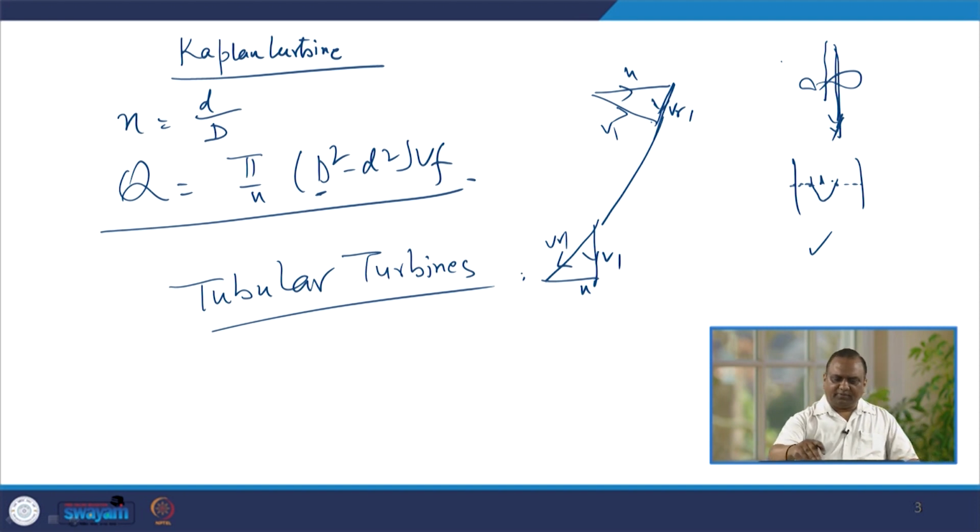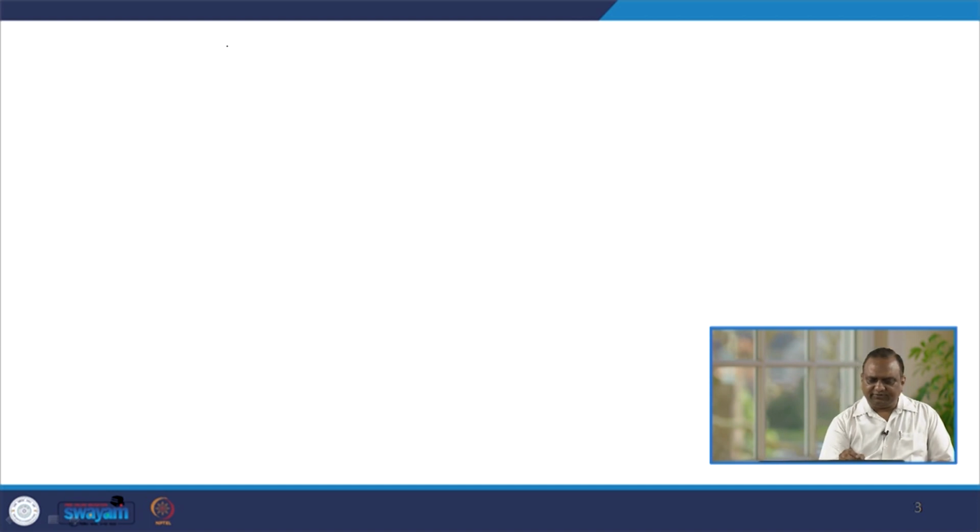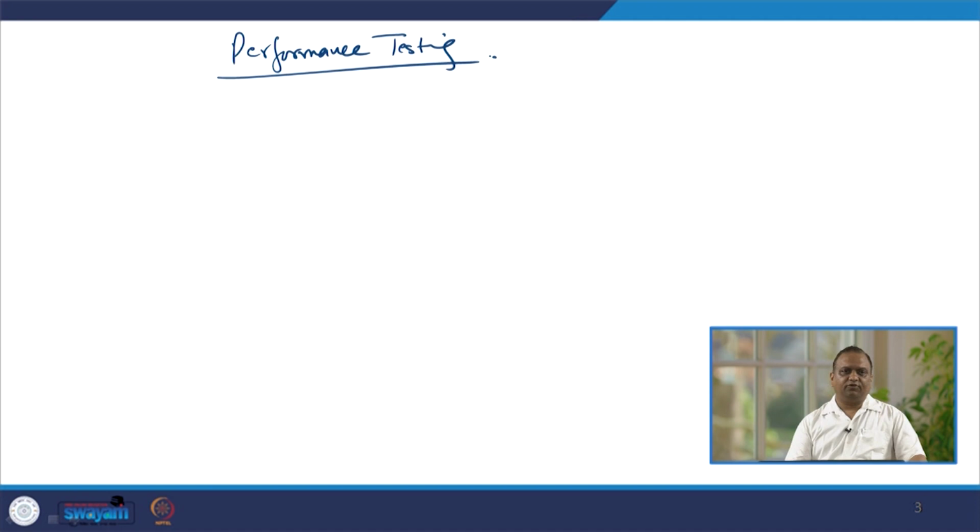Now, performance testing of turbines is very important. For the purpose of performance testing, there are certain dimensionless numbers which are to be considered.